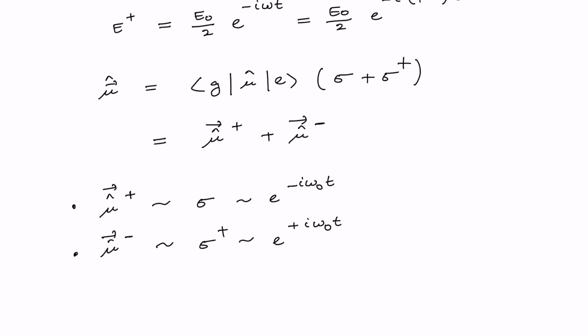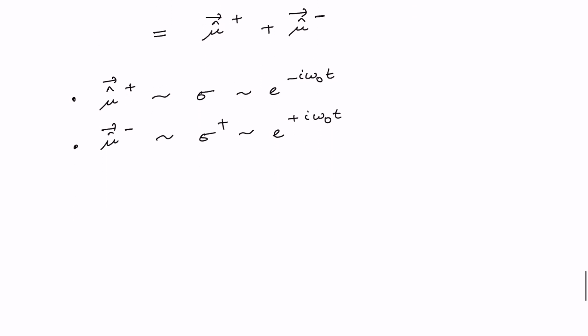Okay, so one part has positive frequency, and the other one has negative frequency. Now this is going to help us write the atom-field Hamiltonian in this form.